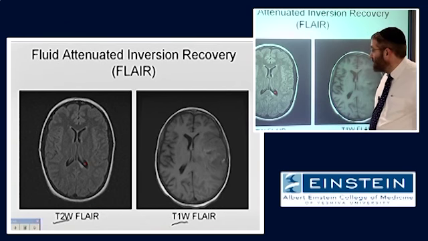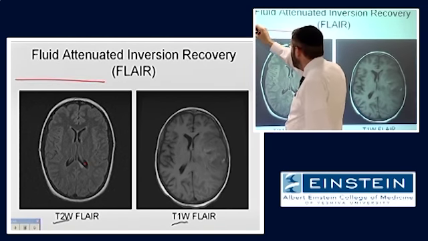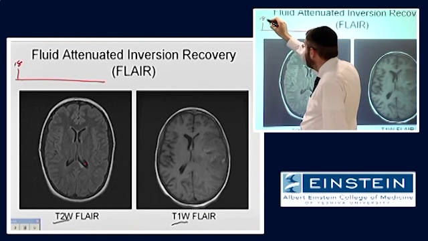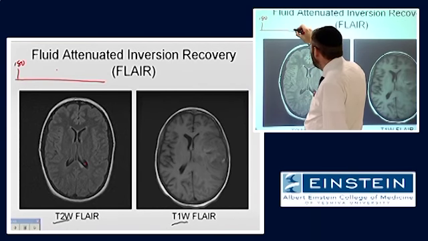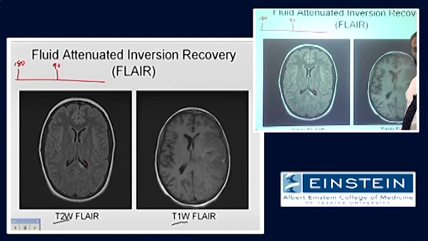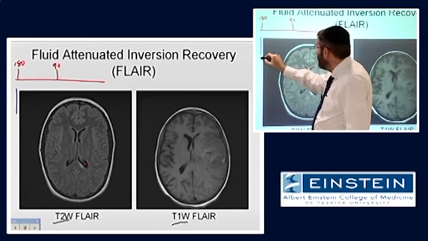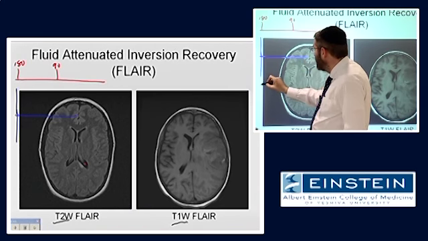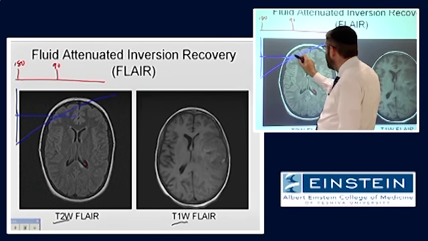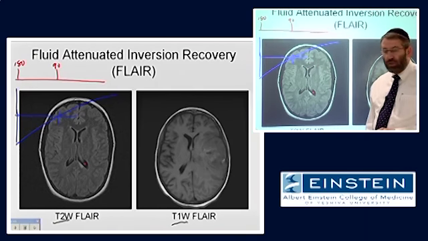We do this by applying a 180-degree RF pulse, followed by a long delay. That long delay is because the T1 of CSF is long, and we are interested in hitting our excitation at the point where CSF is at its null point.